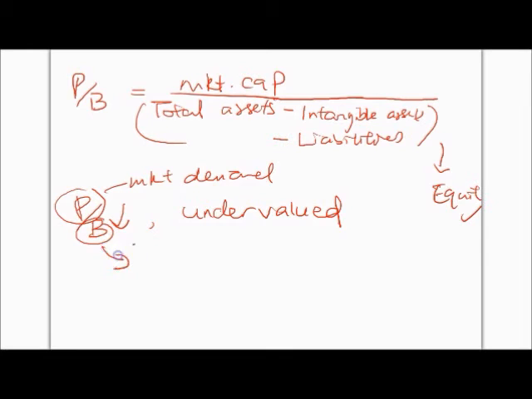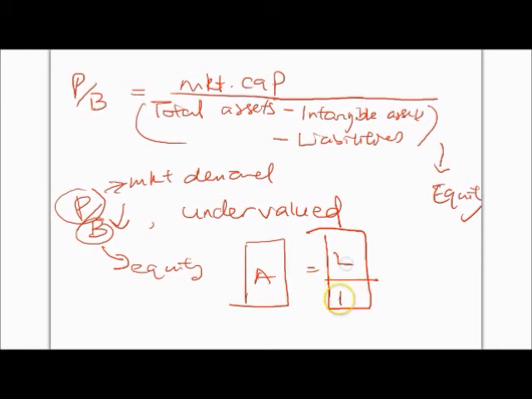For B it would be, financially wise, what is the equity of the company. Remember that we have assets equals liabilities plus equity. So this portion we have to pay off to creditors, and it's only this sum of money which is owned by the company. So the market value shouldn't be too far off from this portion.